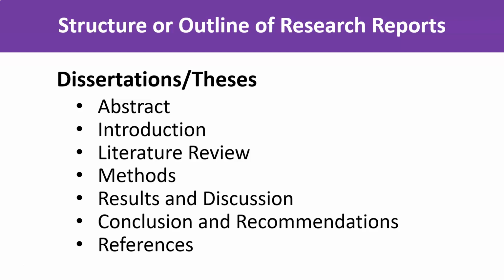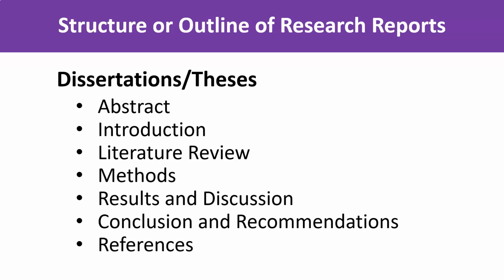Of course, there are a few other additional things you may have here, usually for thesis, depending on your particular institution and the practice there. You have the certification page where the examiners will sign. You have the acknowledgements page where you acknowledge people who have contributed to the work.